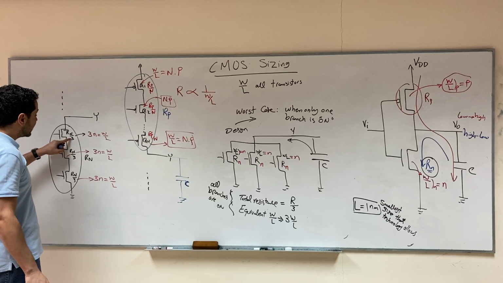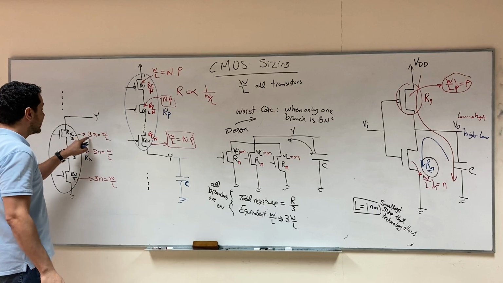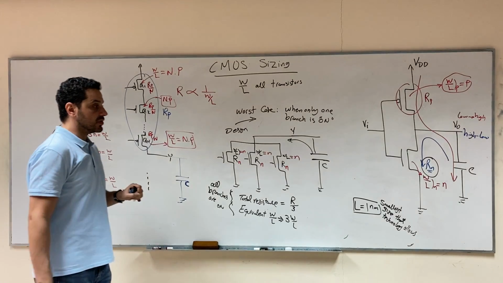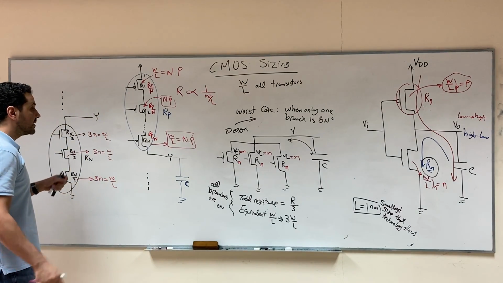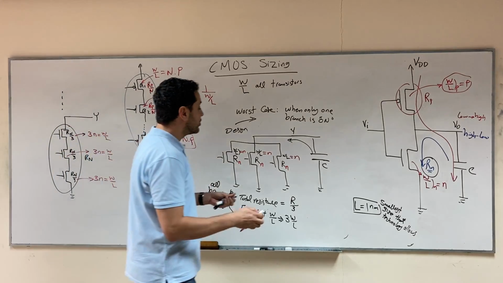So you divide the resistance by the number of transistors, and hence you multiply W over L by the number of transistors.